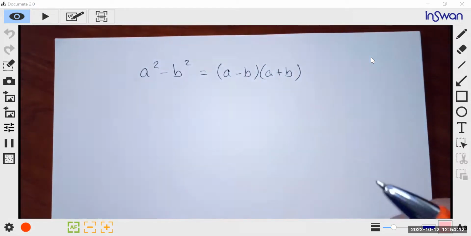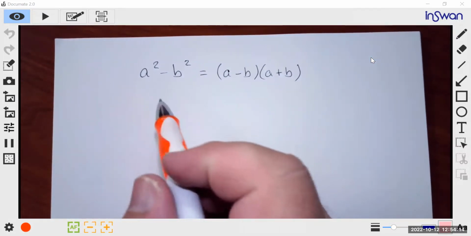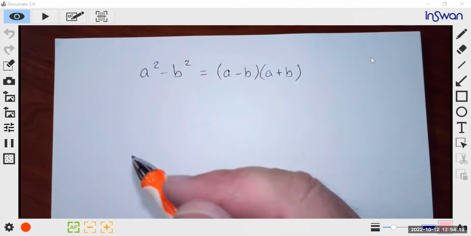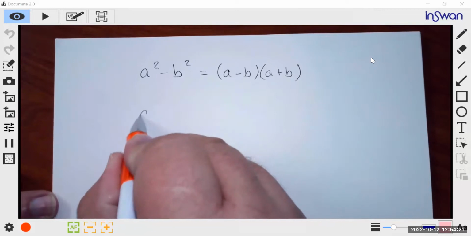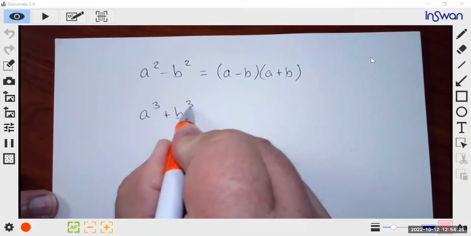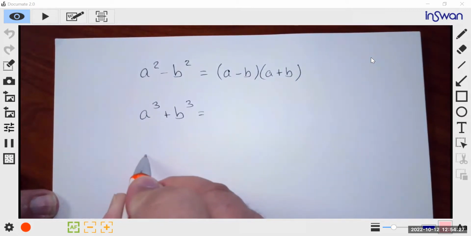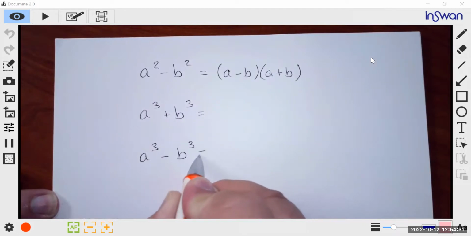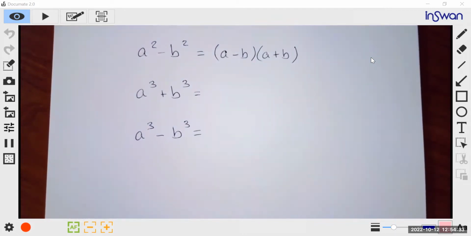Have to have opposite signs, because notice there's no middle term. So the middle term has to cancel. That's the difference of two squares. We have two more. The sum and difference of two cubes.